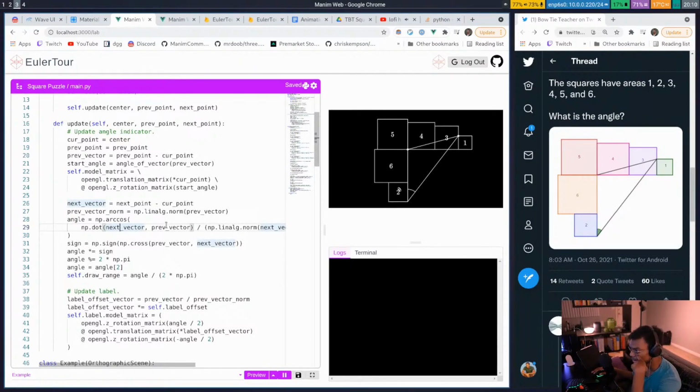I don't know why this one's next and then prev, and this one's prev and then next. Oh, but it's a dot product, so this is a scalar. So I can do prev and next. So if I want the angle of a vector, like angle from horizontal, how do I do that?